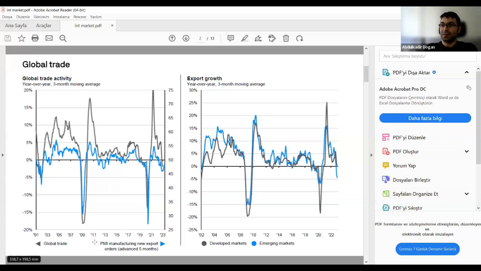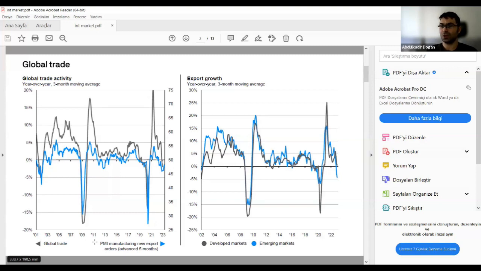The PMI, as I say: first, the gray line represents the global trade, and then the PMI manufacturing, the purchasing manager index, PMI, called the purchasing manager index. This means that, let's say you own a factory, you are taking orders from the local and international market, and the purchasing manager index measures this.